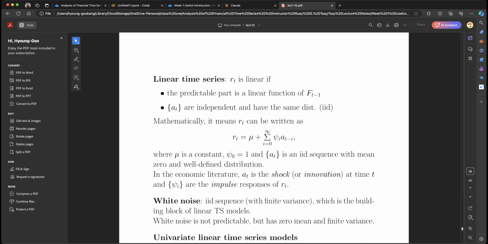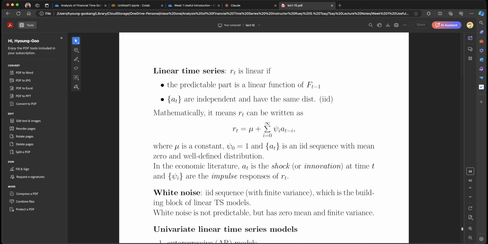Mathematically, linear time series means r_t can be rewritten as some constant plus a sum of historical shocks, where mu is a constant and psi_0 is 1, and a_t is IID with mean 0 and a well-defined distribution.